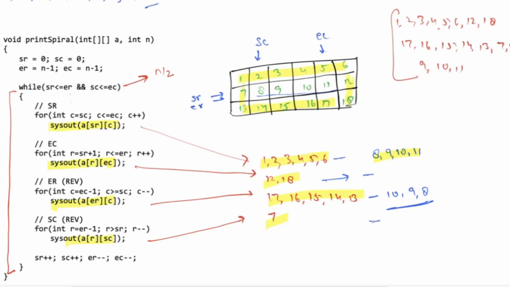So this 10, 9, 8 is a wrong output. The code was working fine when the matrix was a square matrix, but if it is a rectangular matrix, then it is giving me an error. Error means it is producing the wrong output.